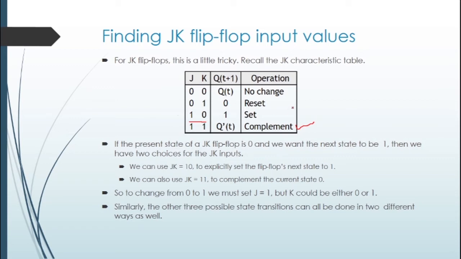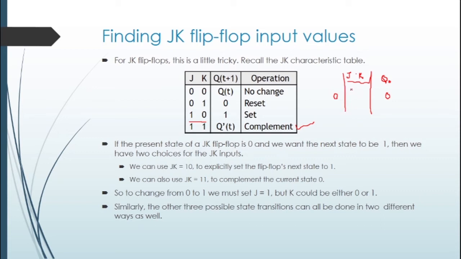For example, let's say Q0 has got value 0 and previously it was 0. What are the 2 options of JK here? We can use 2 different values of JK and still get the same result, going from the current state 0 to the next state 0.